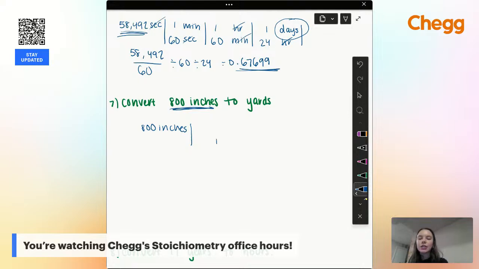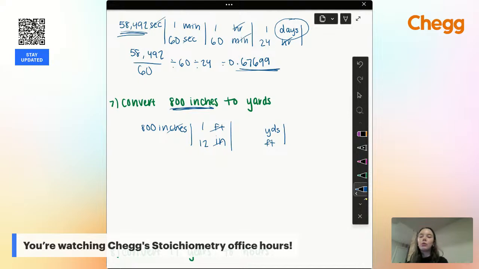So I have inches on the top, I need to put inches on the bottom, and feet on the top. And then I know a conversion from feet to yards. So I put feet on the bottom, yards on the top. That way I can cancel top and bottom, top and bottom. So I know that 1 foot has 12 inches. If you know any of these conversion factors, let me know in the comments.